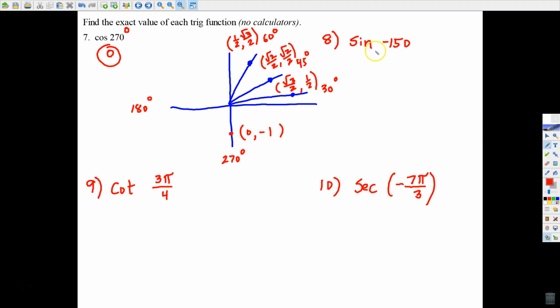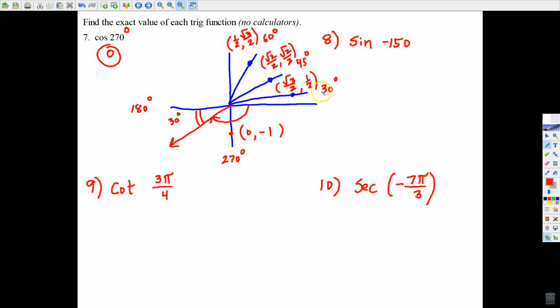So for number 8, let's start off at the initial side here, positive x-axis, and let's go 150 degrees. All right, we'll estimate that to be 150, which means we're going to be dealing with a reference angle of 30 degrees. Reference angles will always be made between the x-axis and the terminal side of another angle.